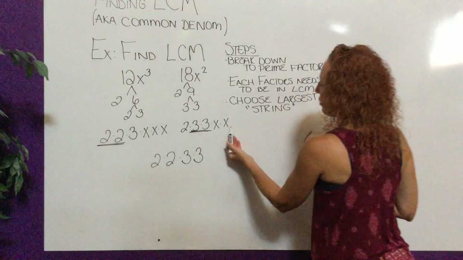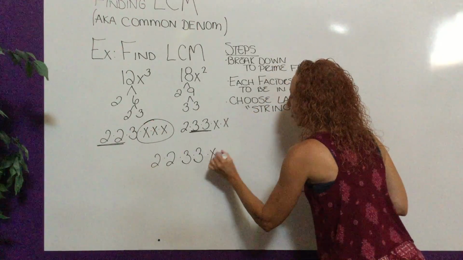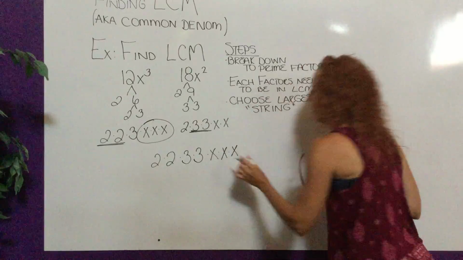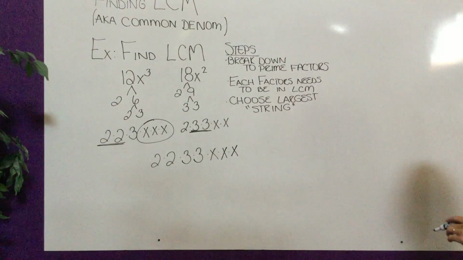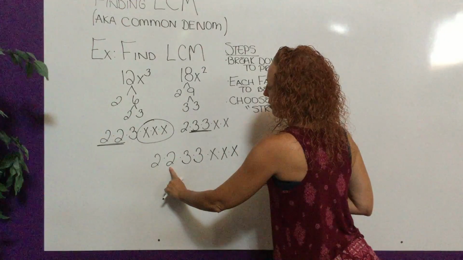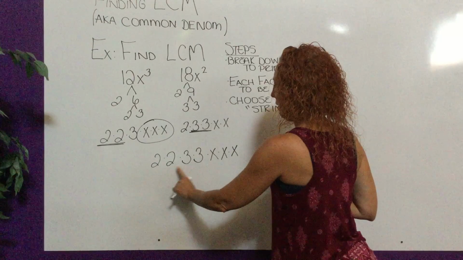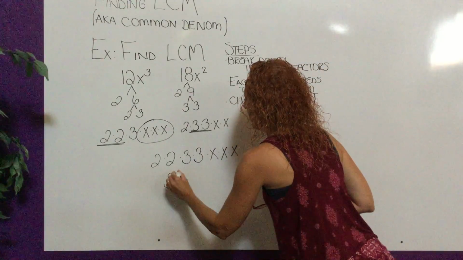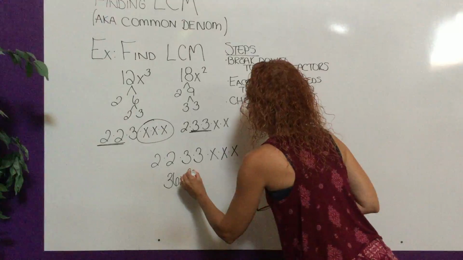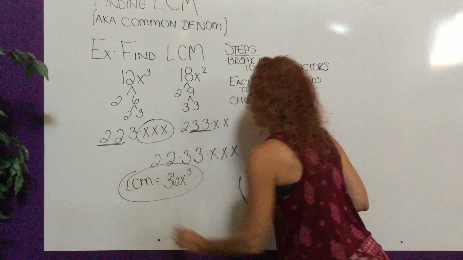And then I have 2 x's here and 3 x's here. You're going to choose the larger number of times. And now you can remultiply. So 2 times 2 is 4. 3 times 3 is 9. 4 times 9, it looks like my LCM would be 36 x to the third.